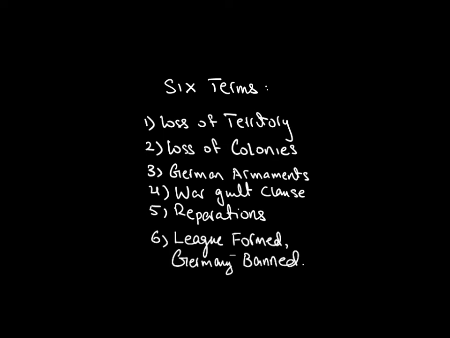Lastly, the sixth and final term of the Treaty of Versailles formed the League of Nations. It essentially authorized the formation of the League of Nations, which was essentially an international parliament with representatives from every nation, which would together decide on global and foreign policy, except for the nation which would probably be affected and impacted most by this.